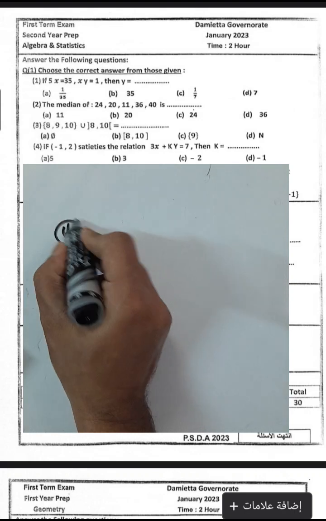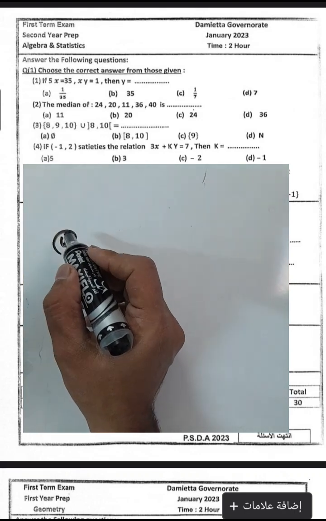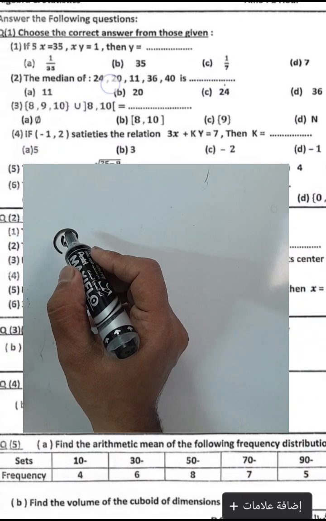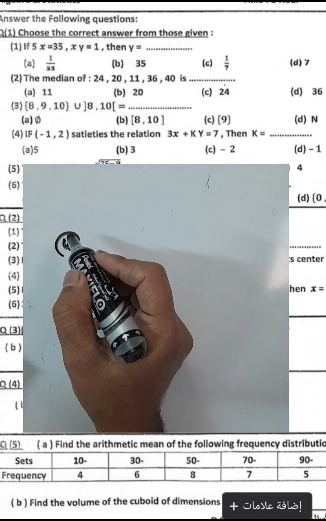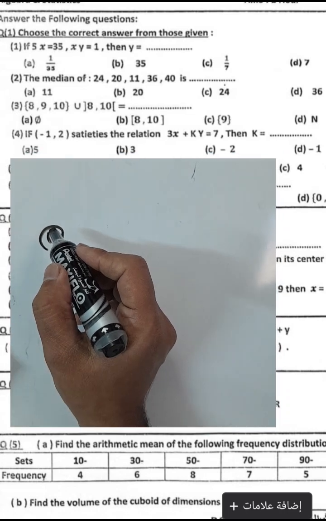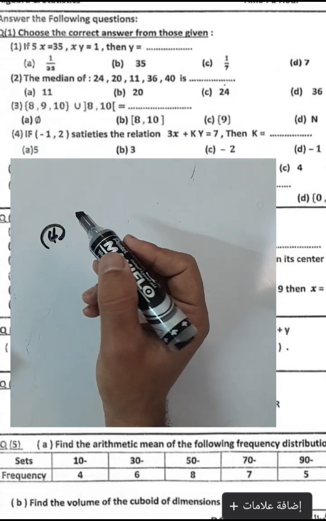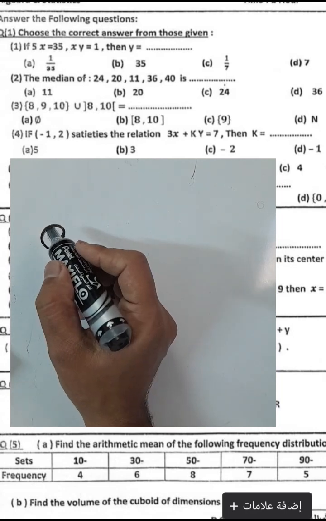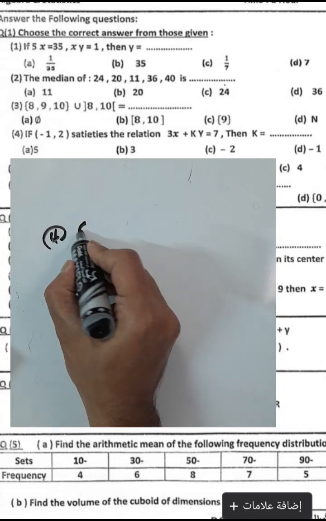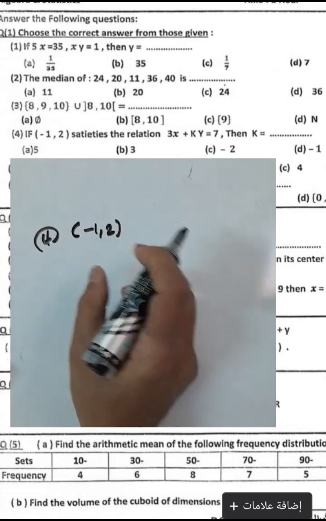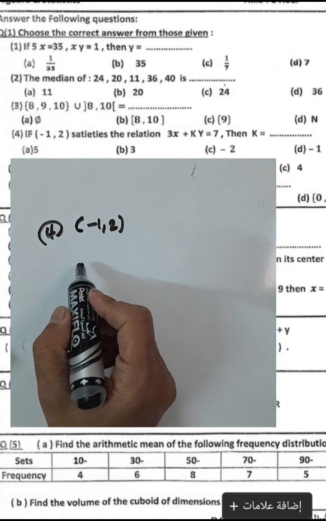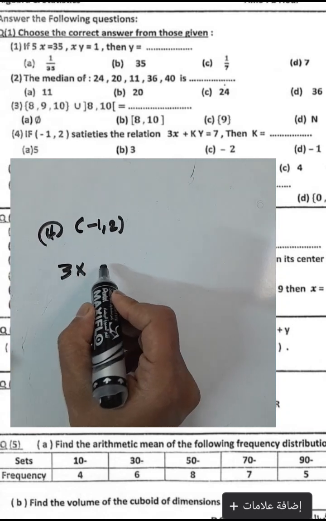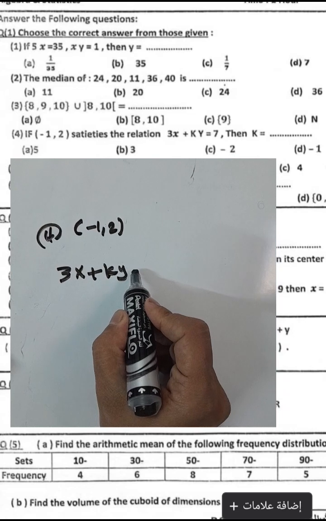Question number 4. F equals the set of -1 and 2 satisfies the relation 3x plus k y equals 7, then k equals what? We have a point, okay, -1 and 2, it's not brackets, we have parentheses, the ordered pair of -1 and 2 satisfies the relation 3x plus k y equals 7.